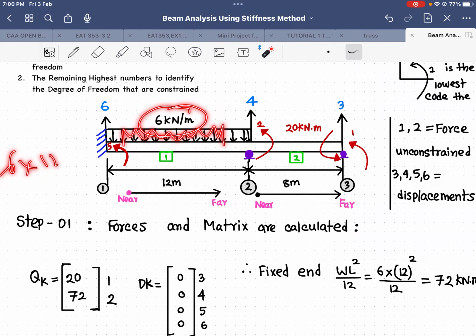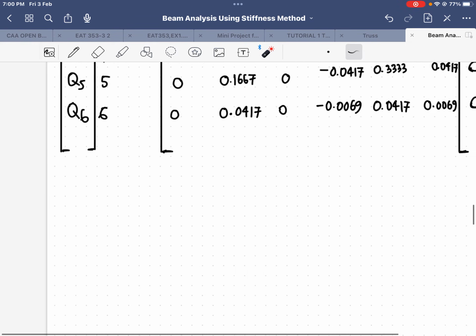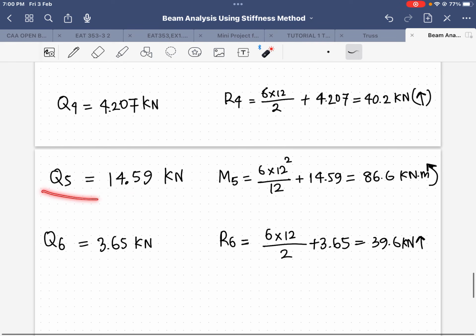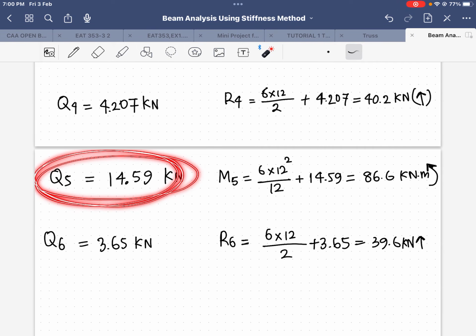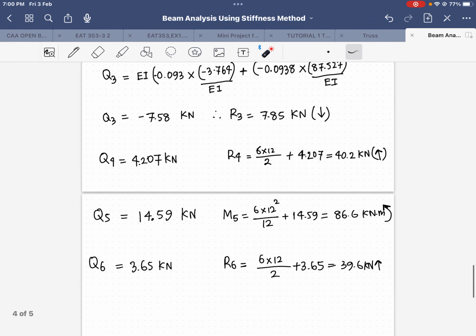So 6 times 12, the distance, divided by 12. Then we have to add the external loads, which is 14.59. I just add the 14.59, I will get 86.6. Our bending sign is there, so I put the same sign as when I mentioned my notations.